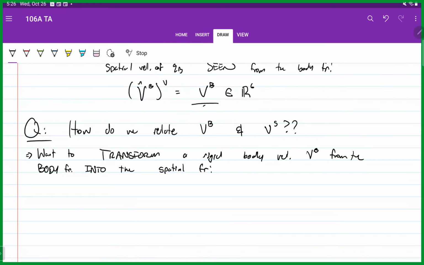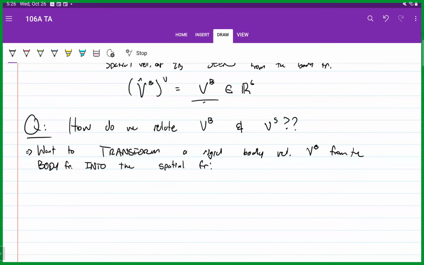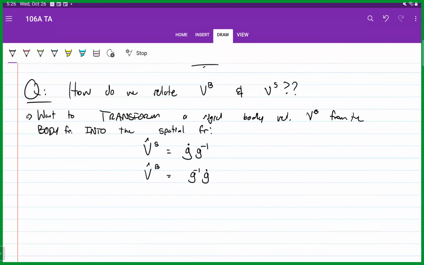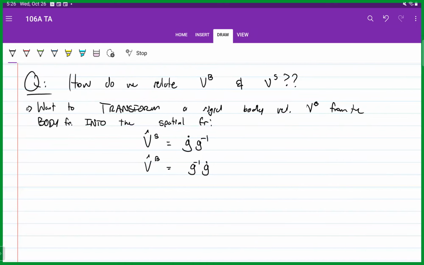One way we can do this, and I just won't work this out here, is by looking at those definitions that we started with. V hat S is equal to G dot G inverse, and V hat body is equal to G inverse G dot, where G was the transformation between the spatial and the body frames. With just a little bit of manipulation, we get V hat spatial equal to that transformation G times V hat body times G inverse.